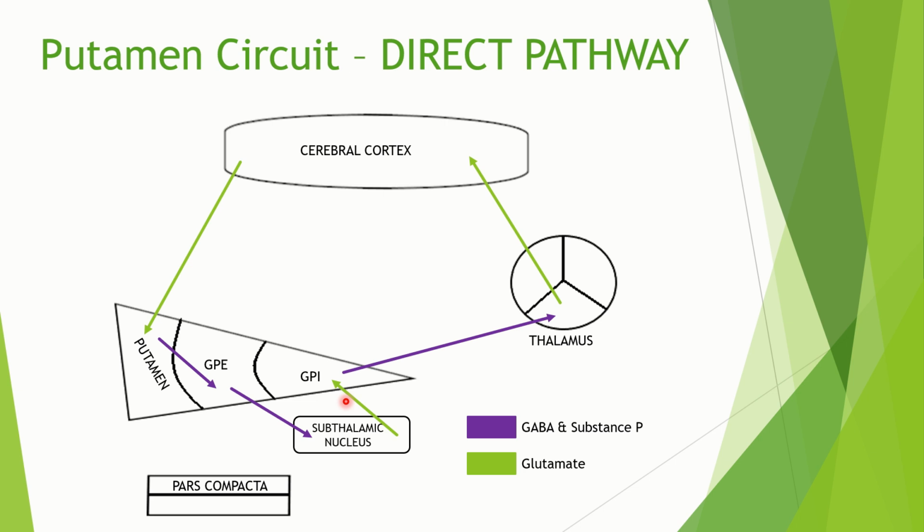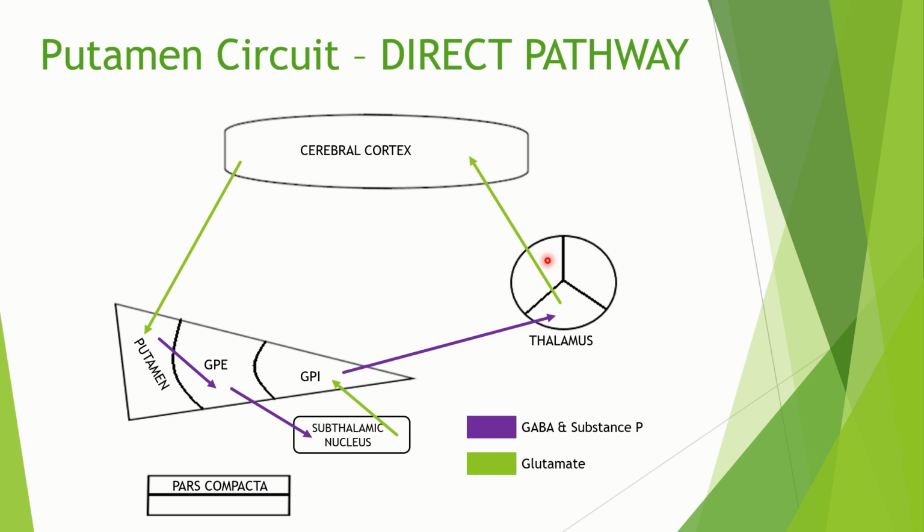So basically, what you need in this indirect pathway is you need the thalamocortical fibers to be inhibited, because what you're trying to do is antagonize the action, the stimulatory action of the direct pathway.